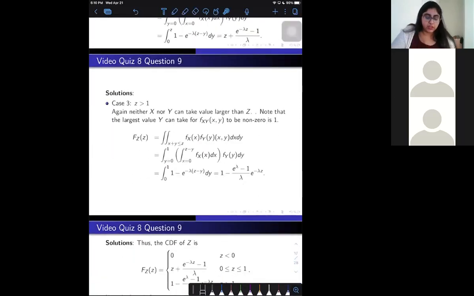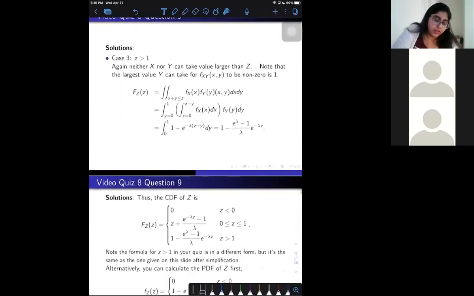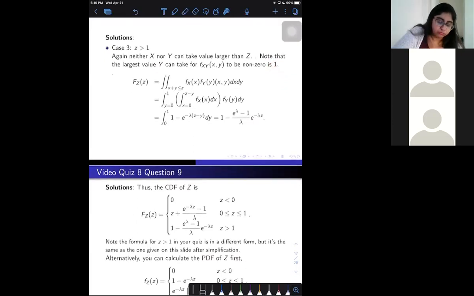All right. So case 3 is when z is greater than 1. Again, neither x nor y can take values larger than z, and the largest value y can take to be non-zero is 1. So again, the CDF of x plus y less than or equal to z is a product of these two.